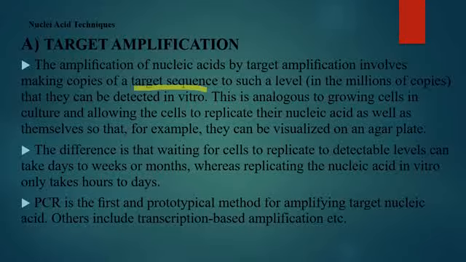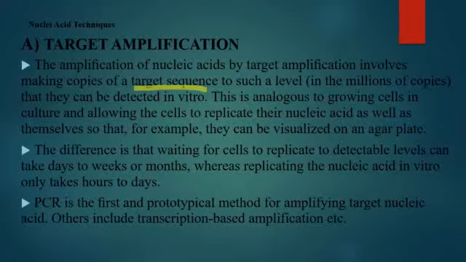And like I said earlier, if you need a particular target, lots of that, you'd have to either multiply that portion of the sequence in a bacterial plasmid, and then harvest it, or get a larger sample and extract your DNA from that.